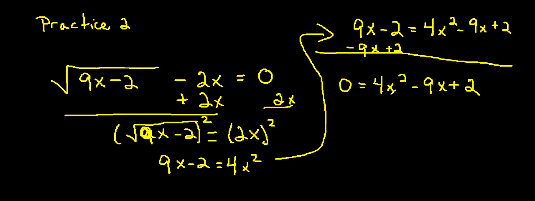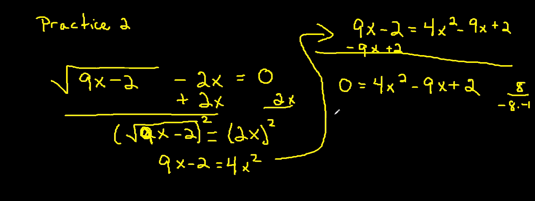Now we'll solve for x by factoring this. It looks like I can't factor anything out the traditional way. I've got this 4 here, so 4 times 2, which is 8. What are my two numbers that'll get me negative 9? Negative 8 times negative 1 is positive 8, and when I write negative 8 minus 1, that gives me my middle term of negative 9.